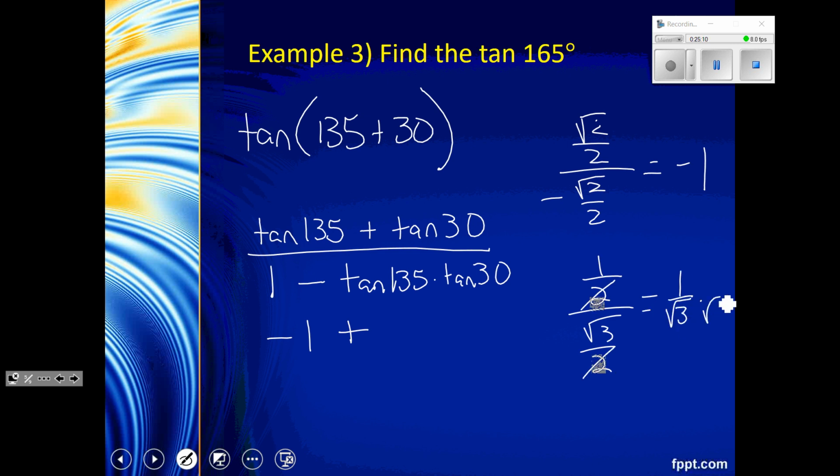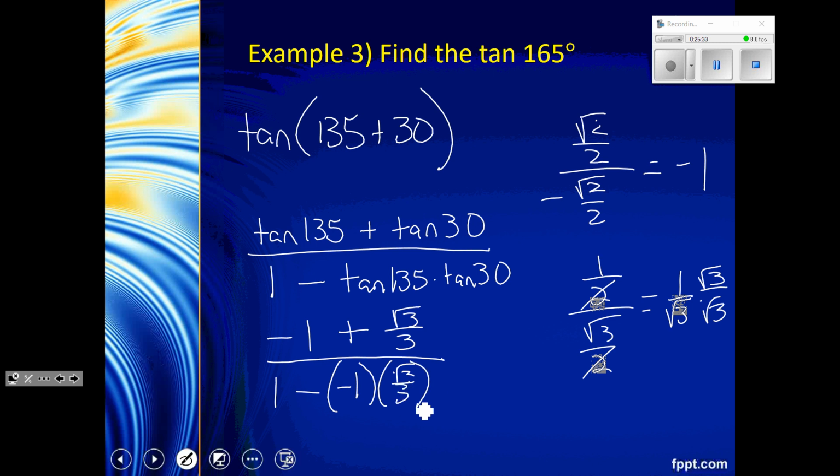And when I rationalize that, that's going to become what? Square root of 3 over 3. So that might be one place people were going wrong. Okay? Divided by 1 minus negative 1 times square root of 3 over 3.